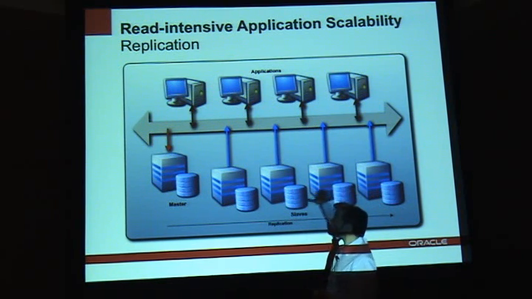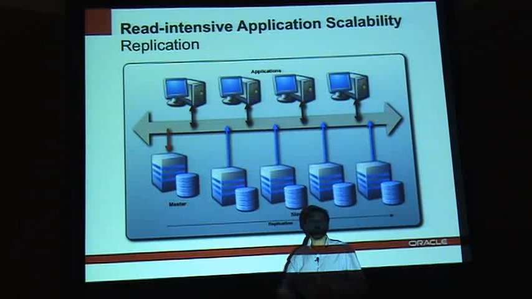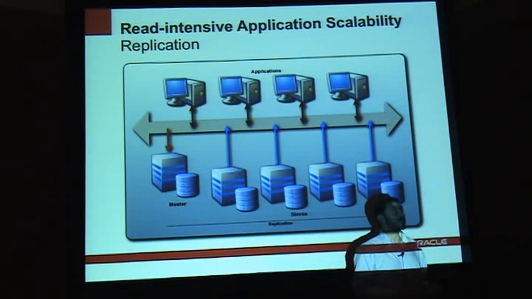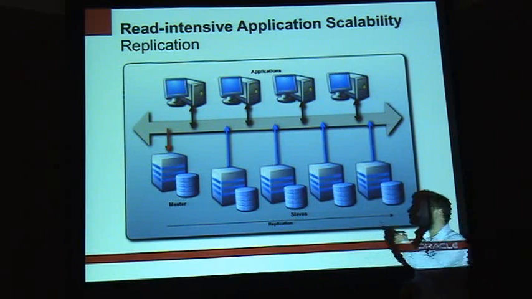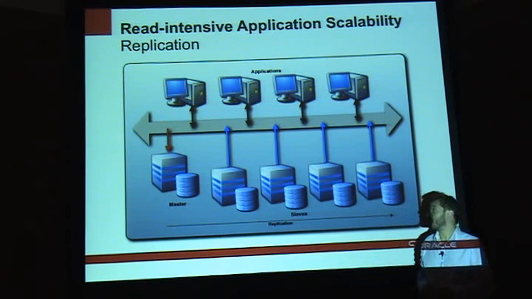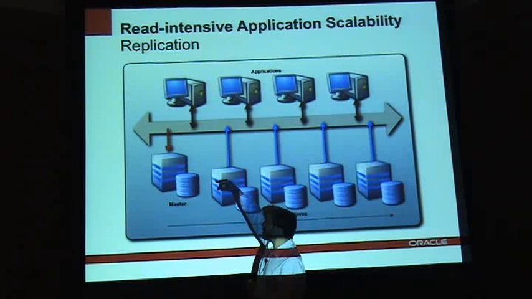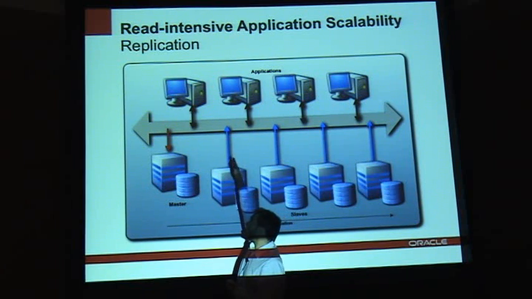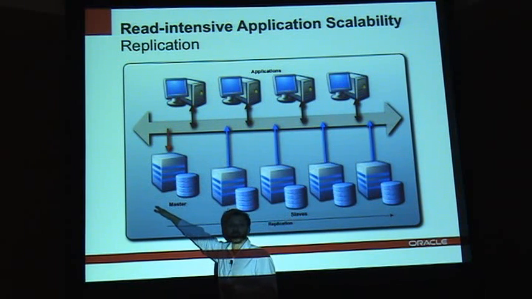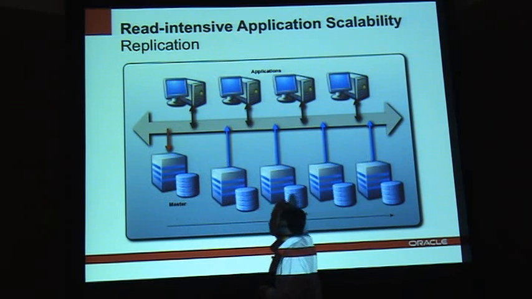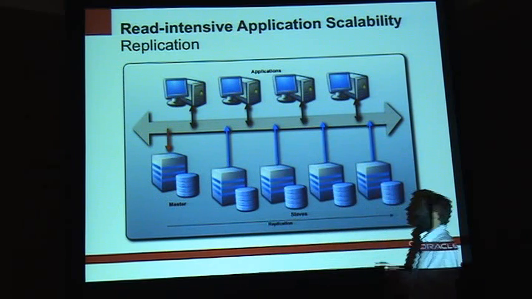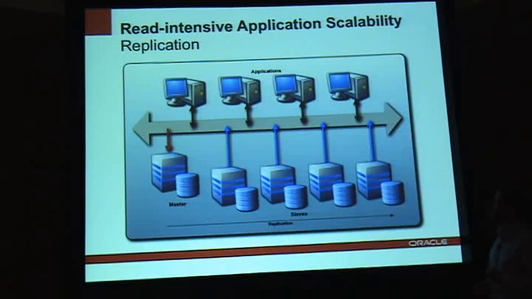Now here I have 4, but it's not unusual to find tens, if not hundreds, of slave servers connected to one or only a few masters. And this master can be fed in some way by your application or by a content management system, and then you can make this available for your customers or your users.